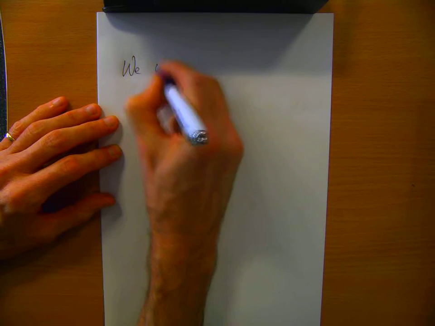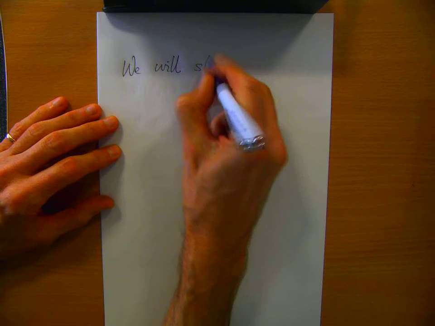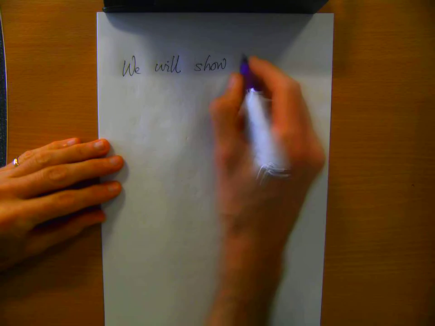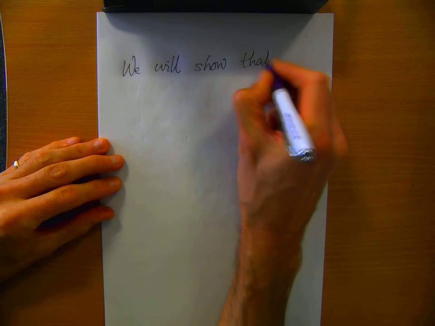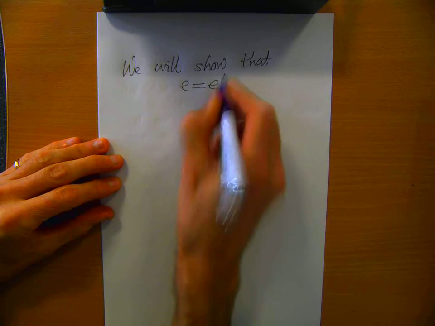So we will show, and there's nothing wrong in a proof at certain points just saying what you're going to do next, because it helps the flow. So when you come to read through it later, it'll help you understand what's going on.